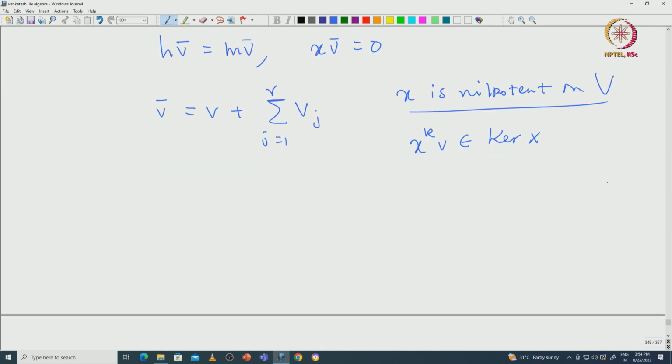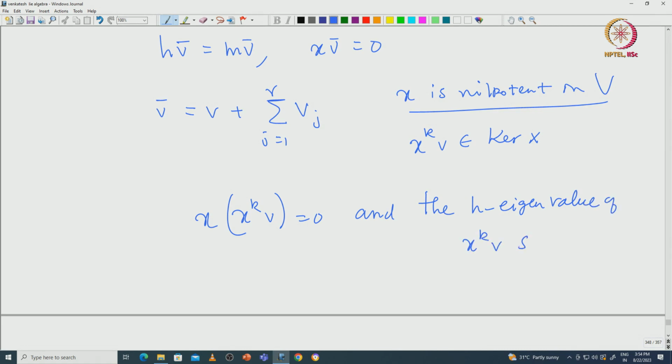So that implies this x power k v is actually a maximal vector with h eigenvalue m plus k. So x into x power k v is 0, and the h eigenvalue of this x power k v should be m plus 2k, because this V bar has h eigenvalue m.